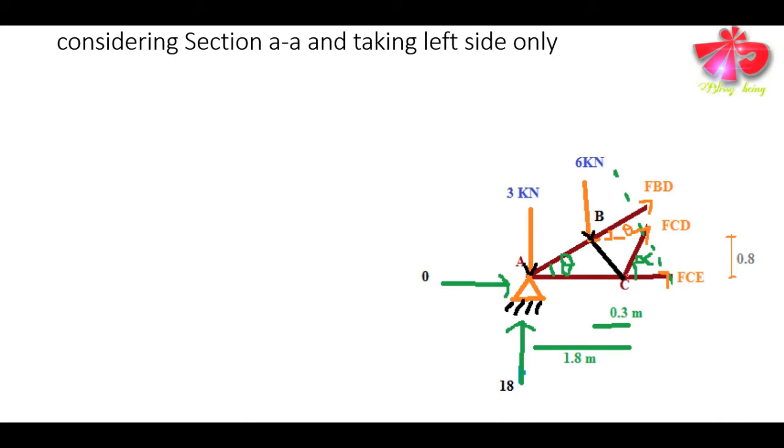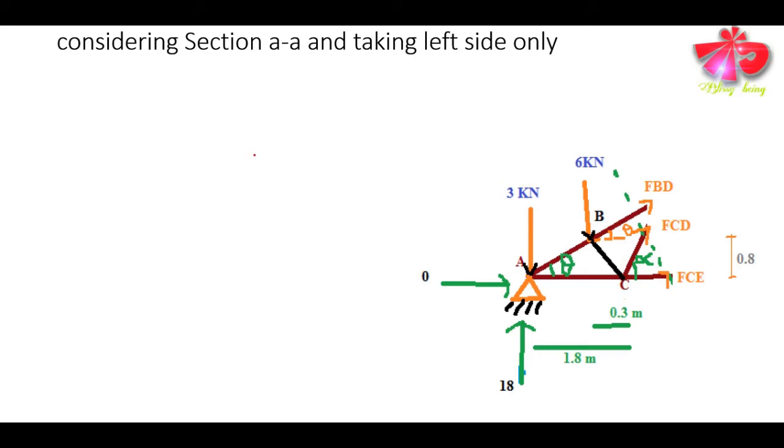And FCD will give 0 because there will be no perpendicular distance in that case, and FC is again 0. So we shall find only the FBD as the unknown member force if we use the summation of moment at joint C equals to 0.